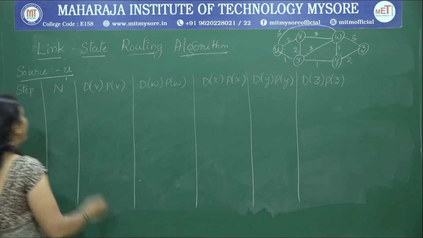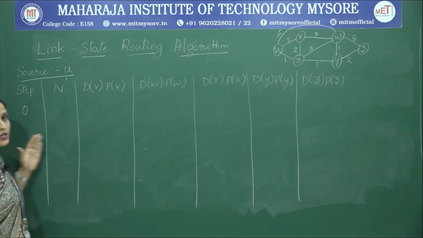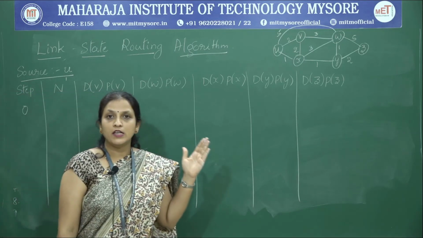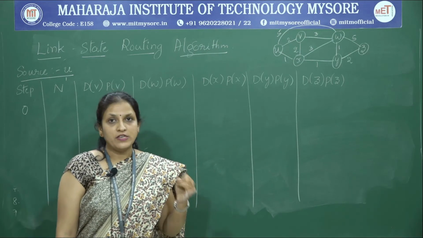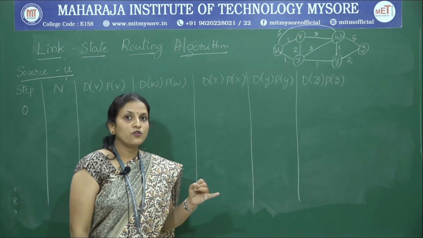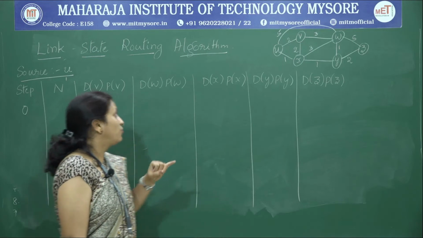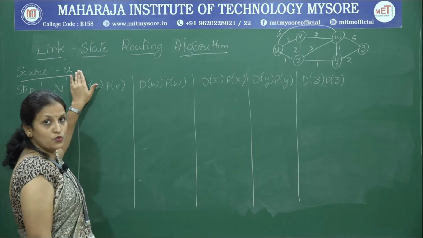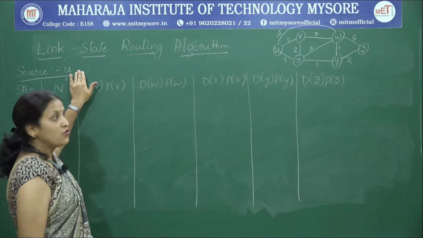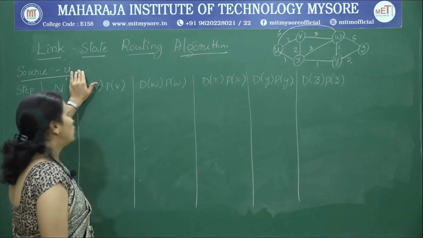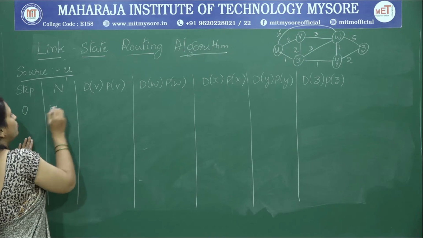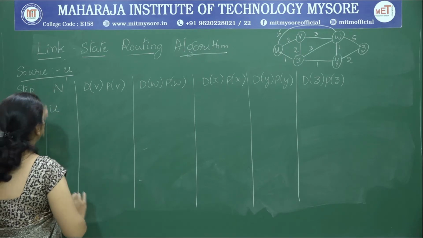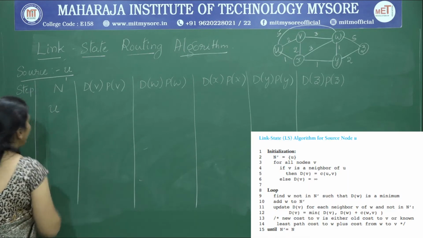The very first thing is we need to initialize, as we have seen in the link state routing protocol. First, when we consider U as our source, we are going to assign U to N dash, the set, right.